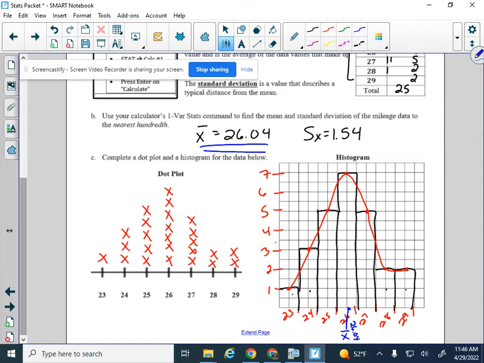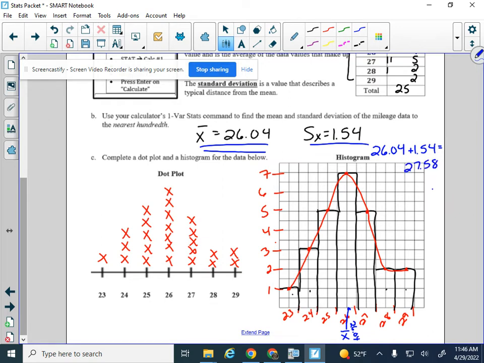And then we're going to go 1 standard deviation to each side. So I'm going to show that work here, even though it goes with that previous question. So my mean is 26.04. If I want to go 1 standard deviation above, I would add the 1.54. So that number is going to give me 27.58.